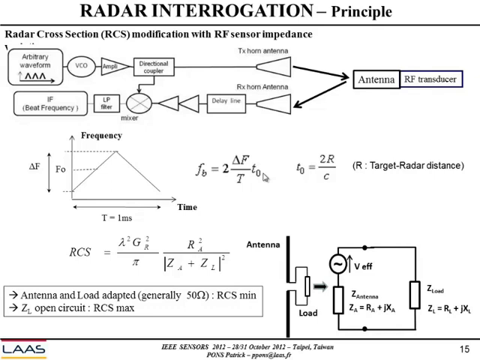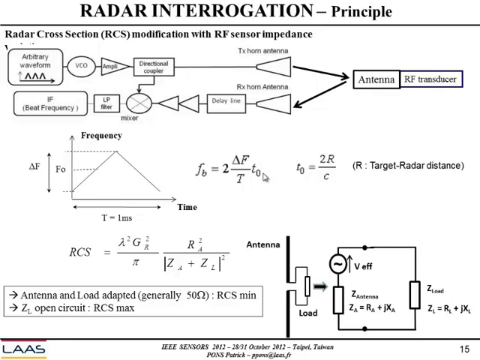Then this wave is coming like this, is reflected to the antenna, coming back. It's mixed here, and we obtain a beat frequency, which is a lower frequency, and this value of frequency is given by this formula, which is related to the band, the period, and T0 is the time. The time is given by the flight of the electromagnetic wave to go from this point to this point and to come back.